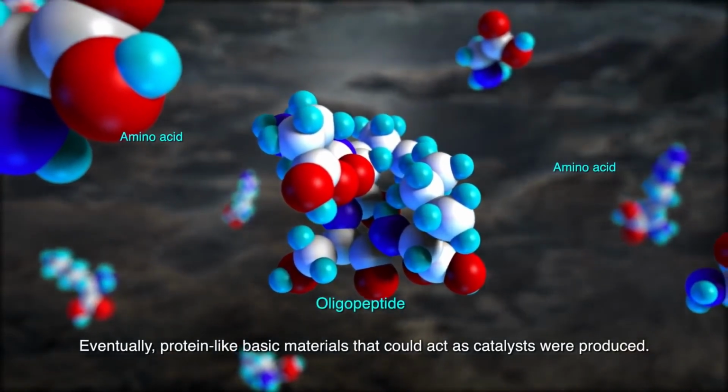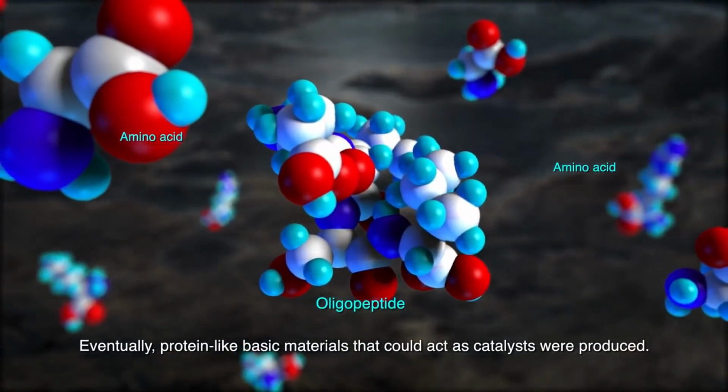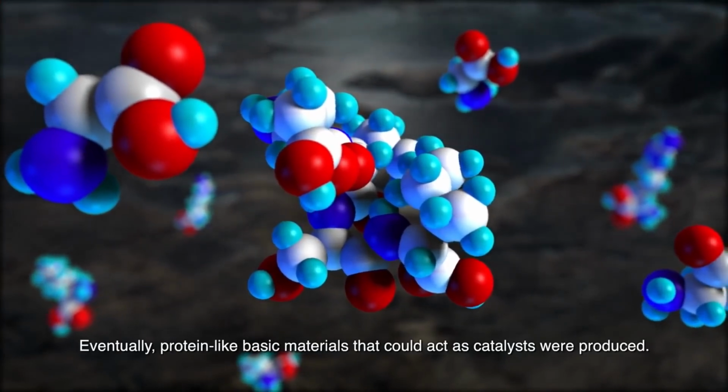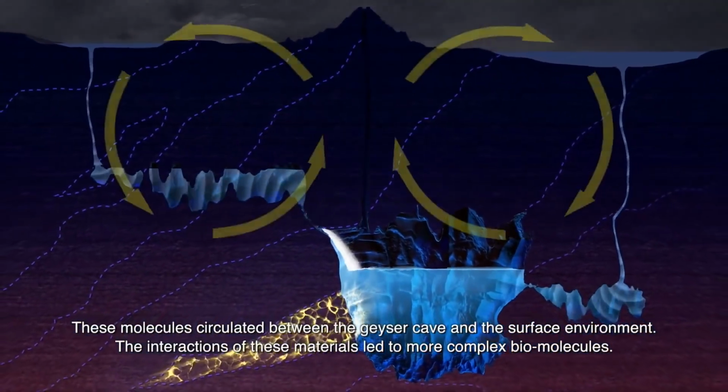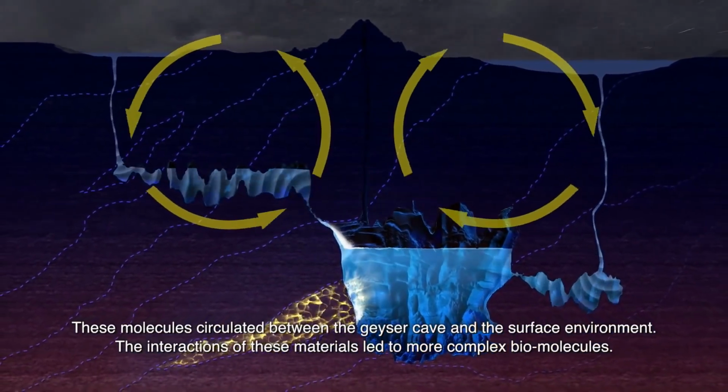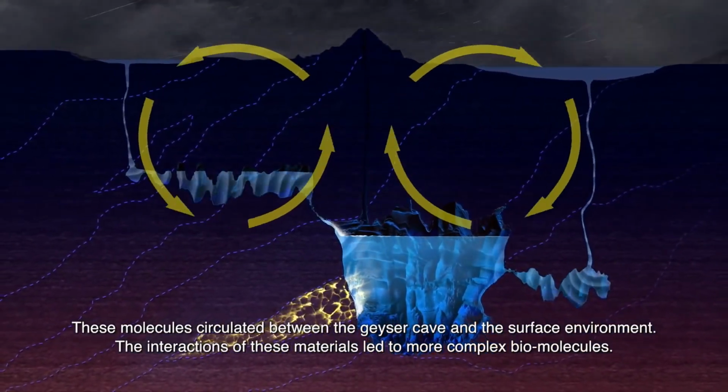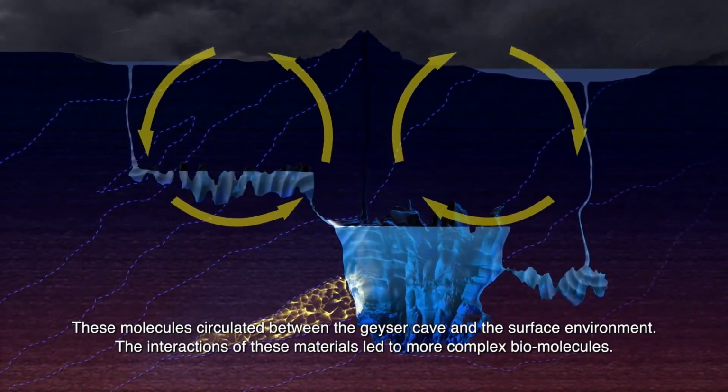Eventually, protein-like basic materials that could act as catalysts were produced. These molecules circulated between the geyser cave and the surface environment. The interactions of these materials led to more complex biomolecules.